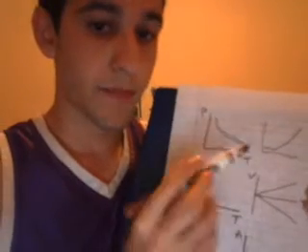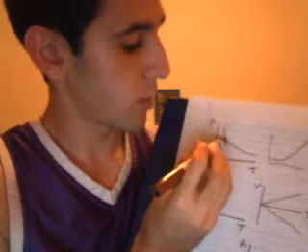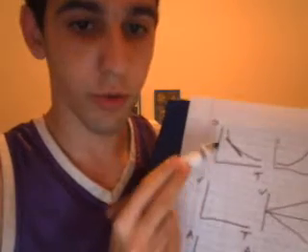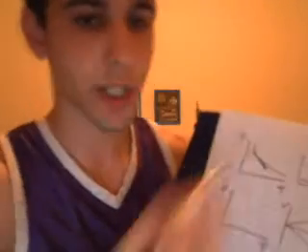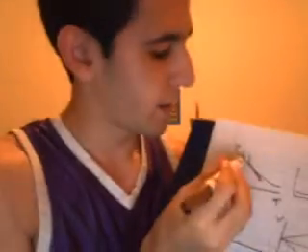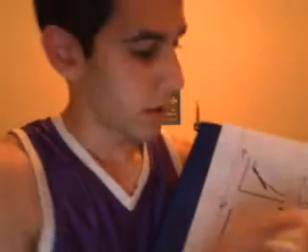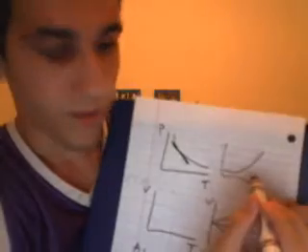Now, if this is your case, just find the slope of it at one point. You just draw a line tangent to the curve, alright? Make it so that it touches one point of the graph. And you can find out that it's a negative slope. Over here, find one point that touches.